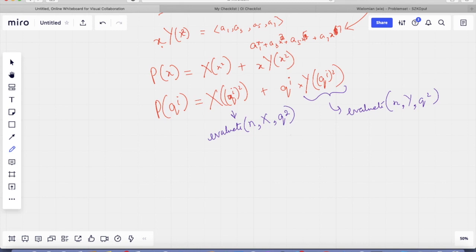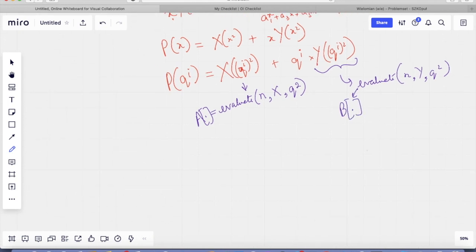So here we are getting the array A as the returned thing, here we are getting the array B as a returned thing, right? And my bad, this should be n by 2.